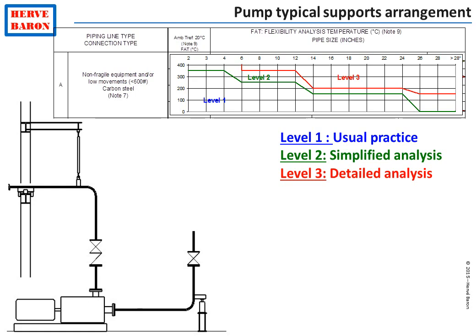The criteria depend on the line diameter and wall thickness, because the larger the diameter and the higher the wall thickness, the less flexible is the line. They also depend on the temperature change to which the line is subject, and the type of equipment the line connects.